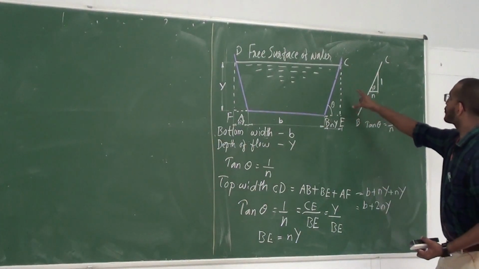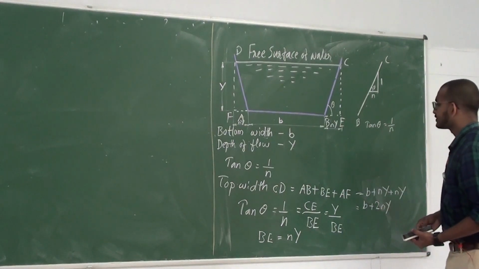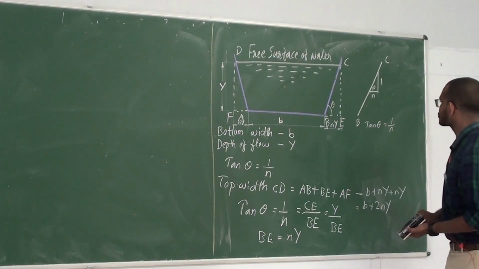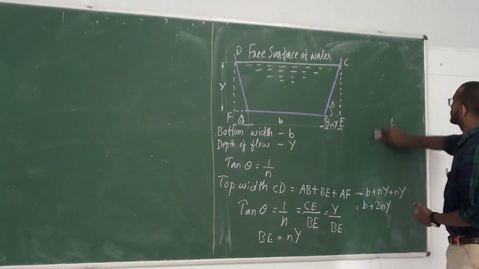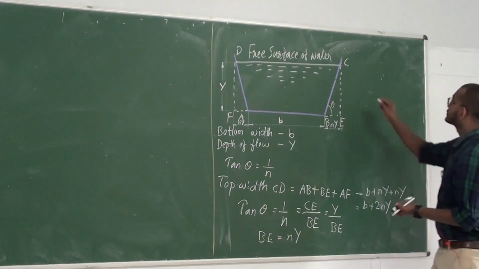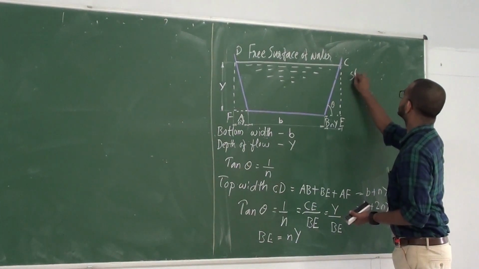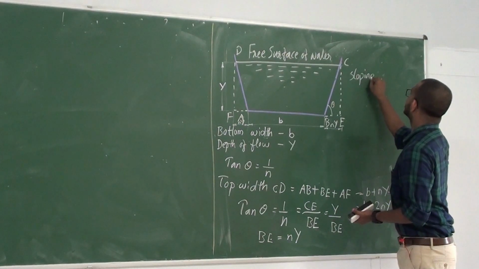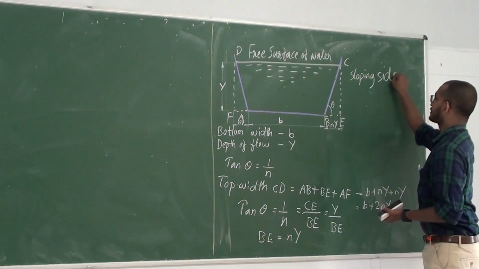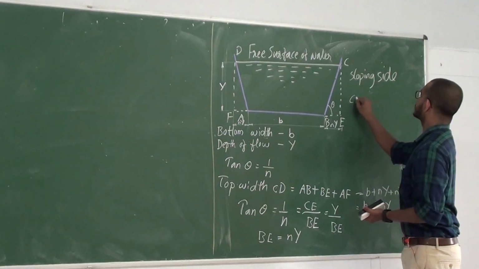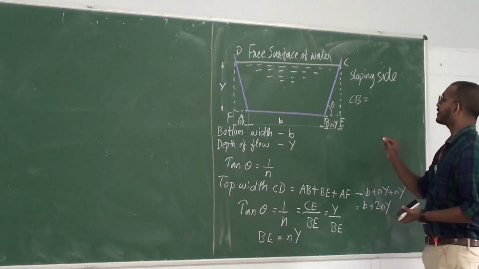Also the length of the sloping side CB. The length of the sloping side CB is equal to, we can use the Pythagoras equation to find out the length CB.